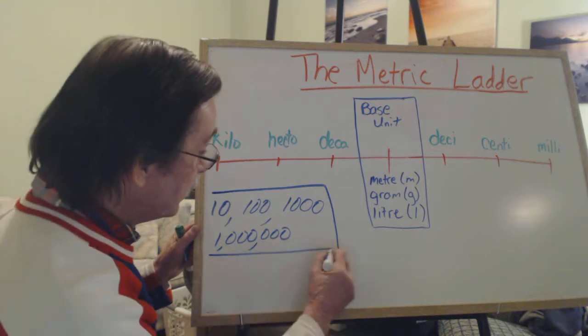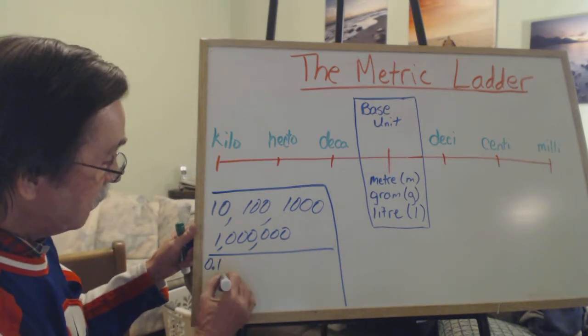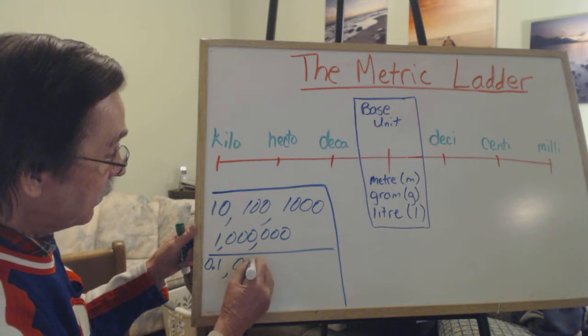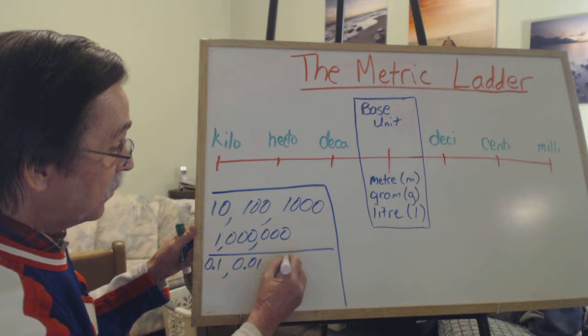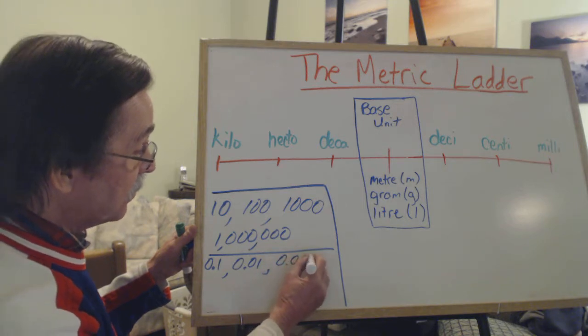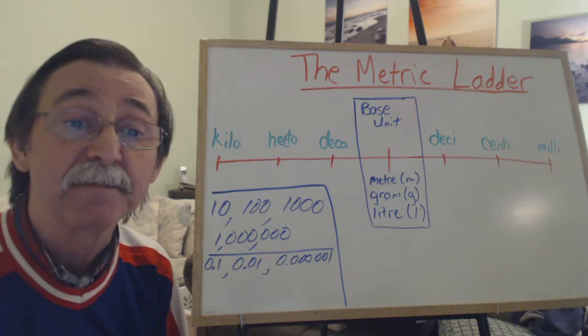And it also uses little numbers like this: 0.1, 0.01, 0.000001, all kinds of things like that.